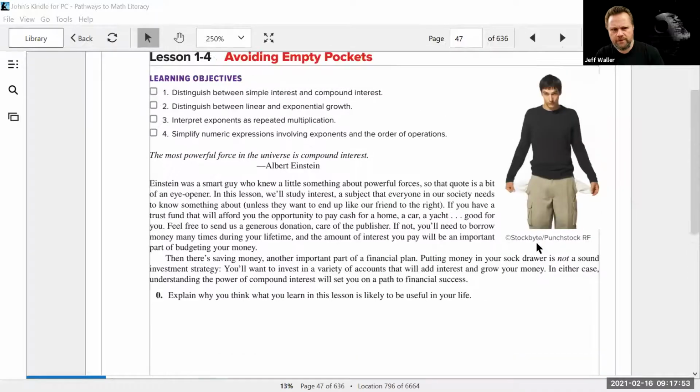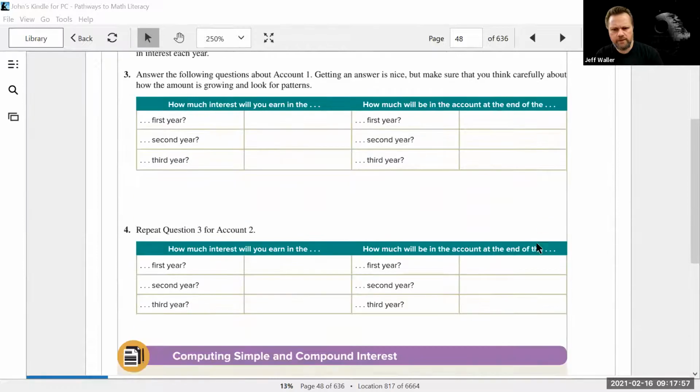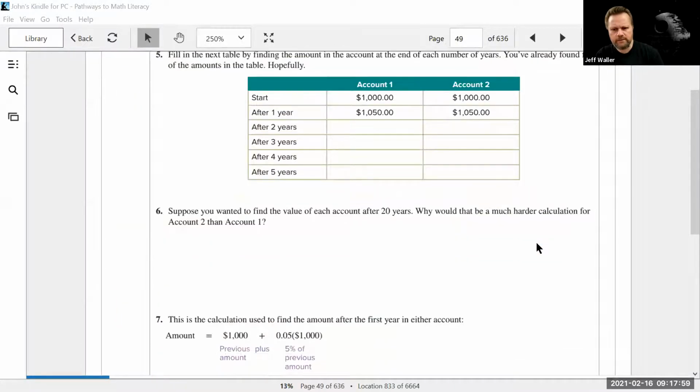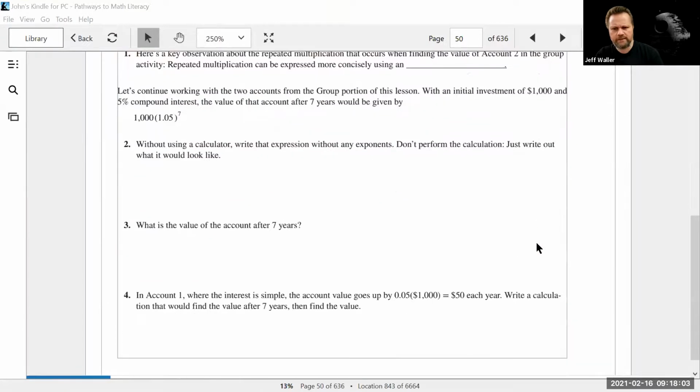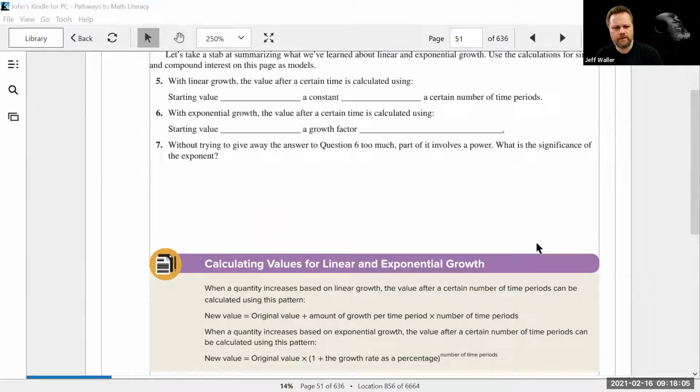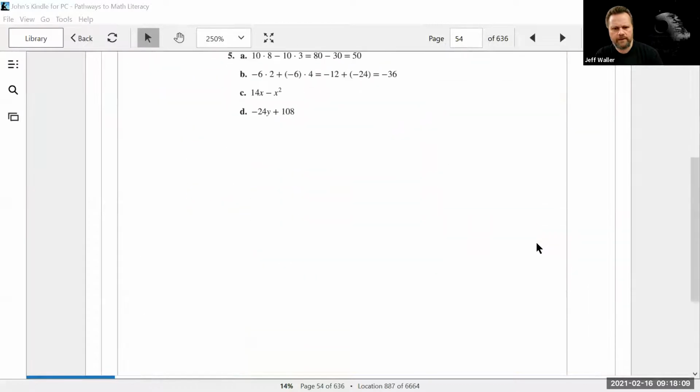There's one more thing I want to talk about in section 1.4. I was so focused on the interest, I didn't do something more fundamental, and the homework kind of gets at this. So I want to show you something kind of cool.